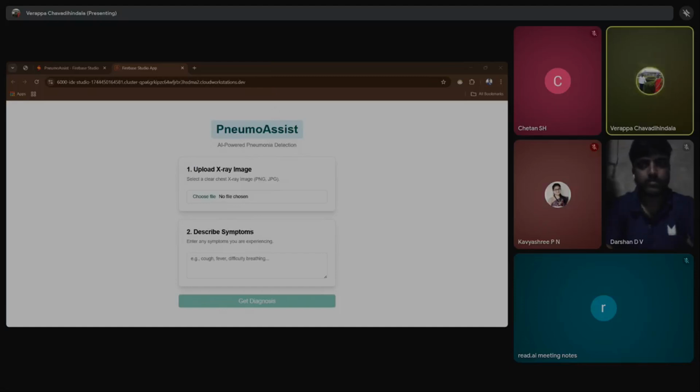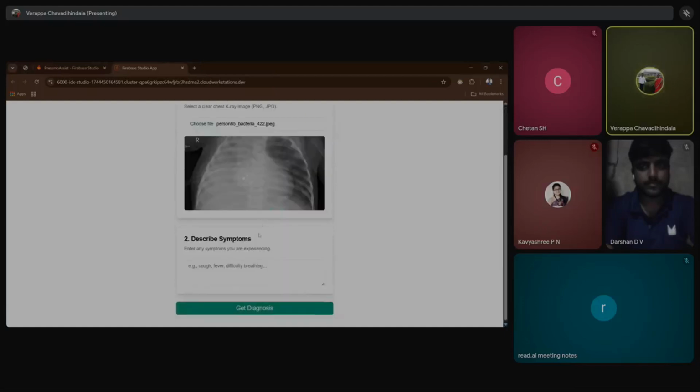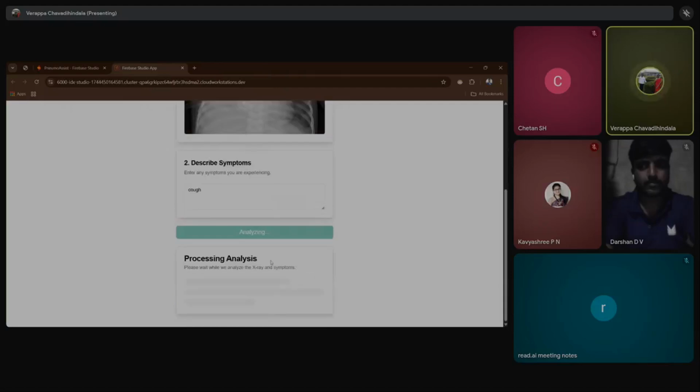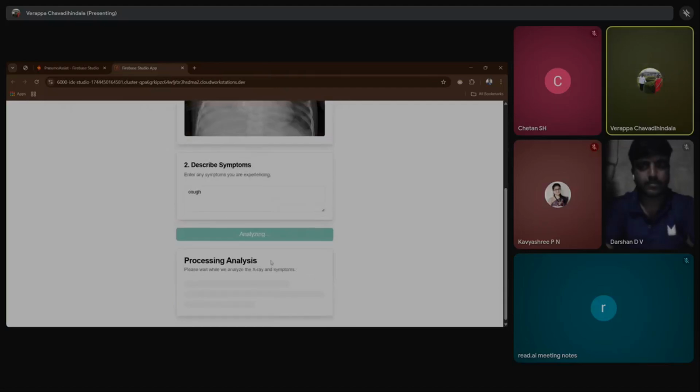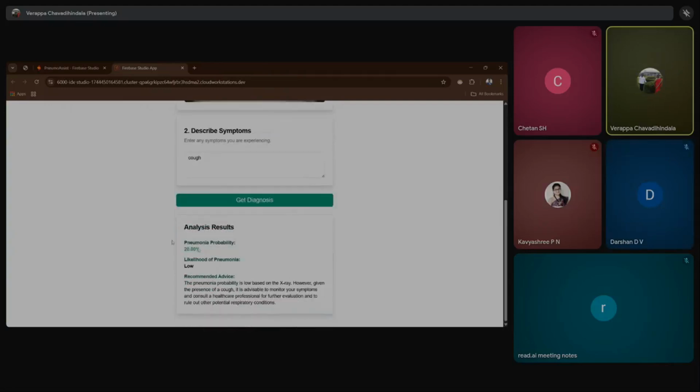You can select any one, like I am selecting a random one. After that we have to describe the symptoms, like I am describing a cough. After that, get diagnosis. It will analyze our X-ray image based on trained data, and after that it will give the analysis result.